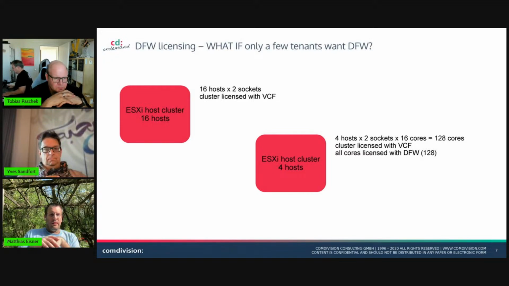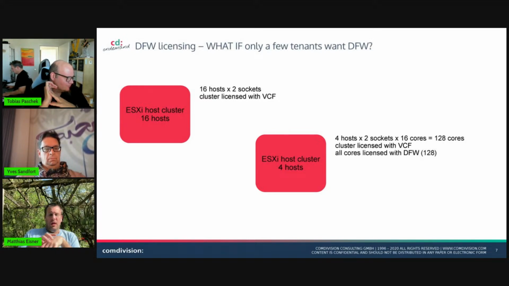Because if you license a whole cluster, and that's how you license the DFW, you can't just license a few hosts of a cluster. It's the whole ESXi host cluster, that's it. You can't just slice and dice it and say I license only half. So that's not what Toby meant with the DRS groups. So that's also something which needs to be considered.